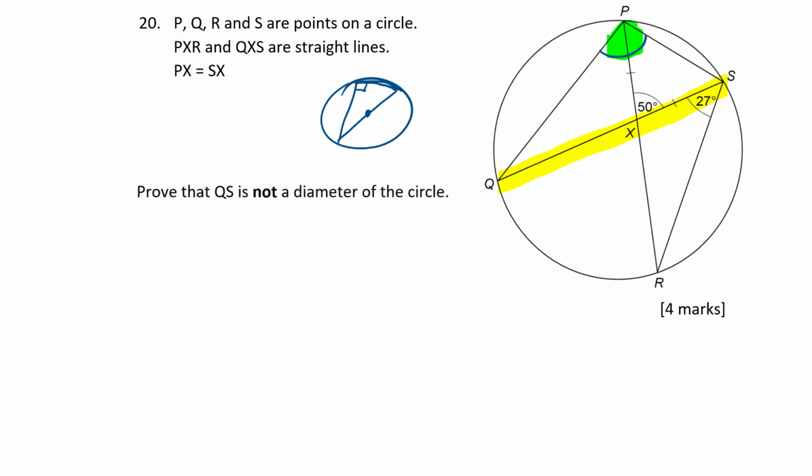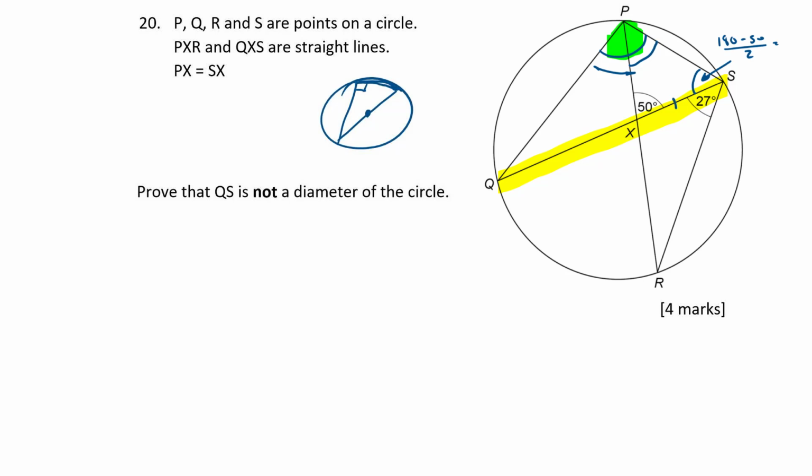QPS. Now we can see that QPS is made up of two smaller angles. It's made up of that one there and that one there added together. So this is an isosceles triangle. So if I can find that one, then it must be equal to the other one. Can I find that one? So because the top of that isosceles triangle is 50, then this one is going to be 180 minus 50 divided by 2, isn't it?